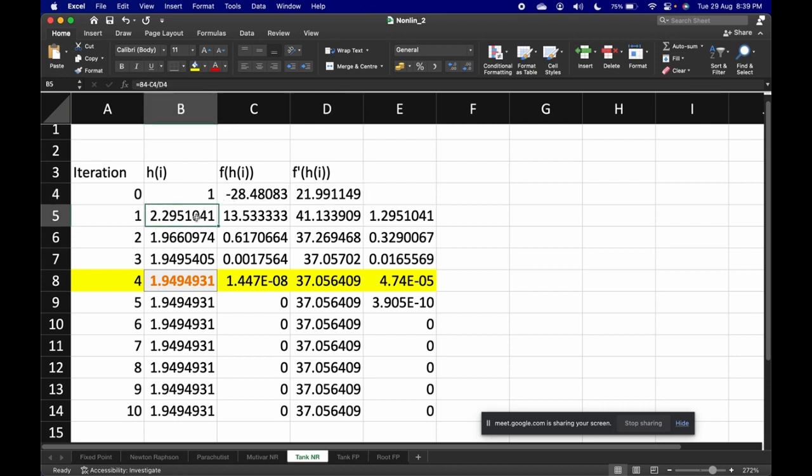Then using the Newton-Raphson formula, I got this value. The same procedure is followed, and after the fourth iteration the error is only e raised to minus 5, and it becomes 0 after the fifth iteration. So you can see how quickly it is converging here.